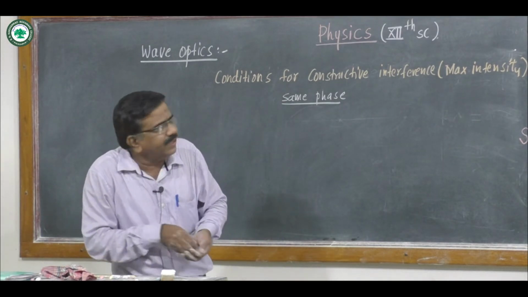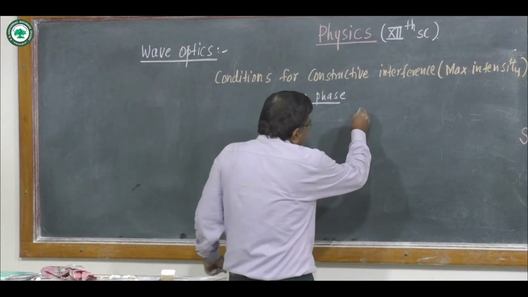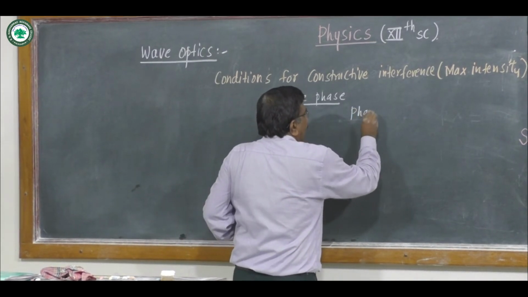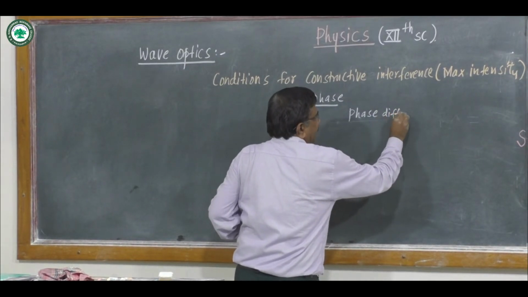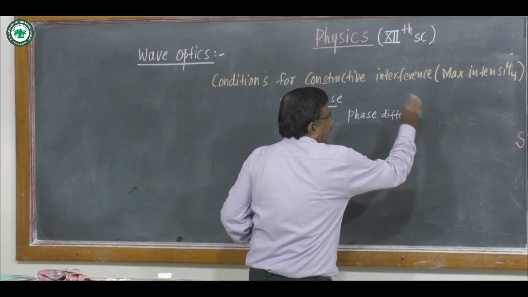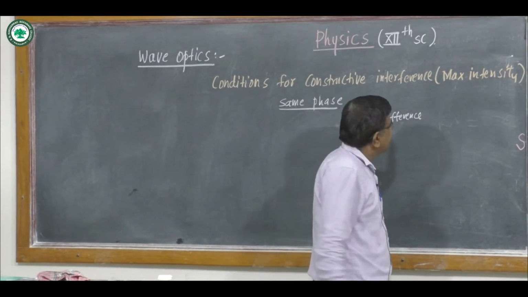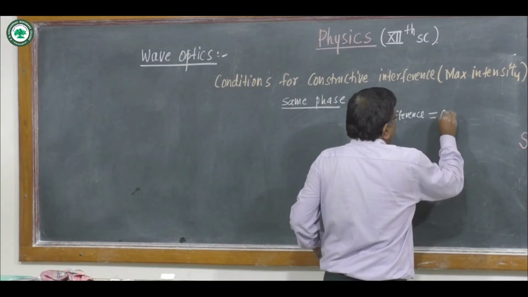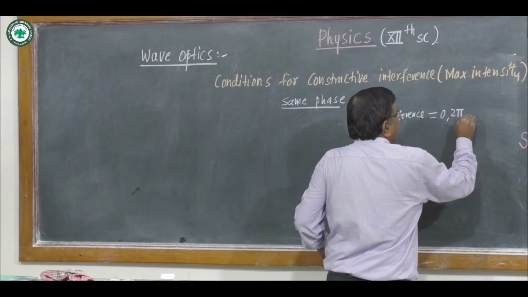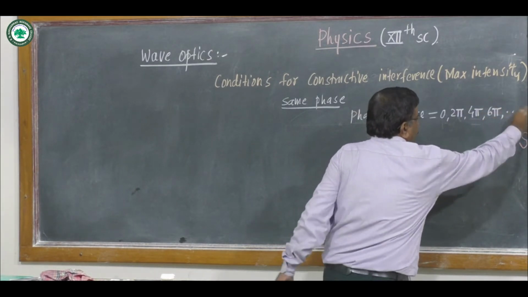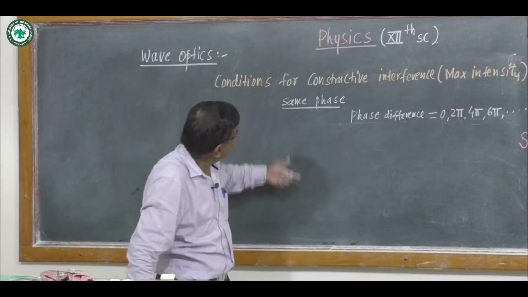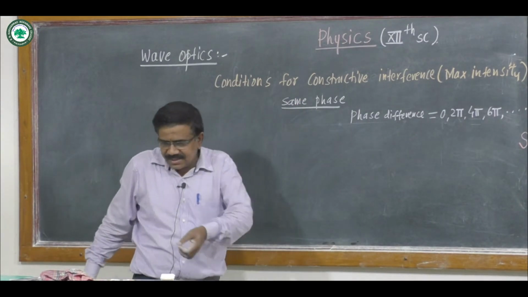And for constructive interference, the main condition is phase difference between the two waves must be 0, 2 pi, 4 pi, 6 pi, and so on. This is the main condition for the constructive interference.